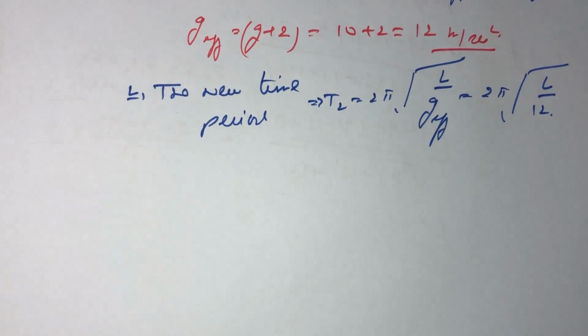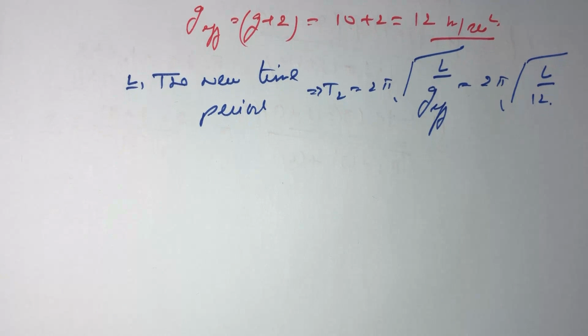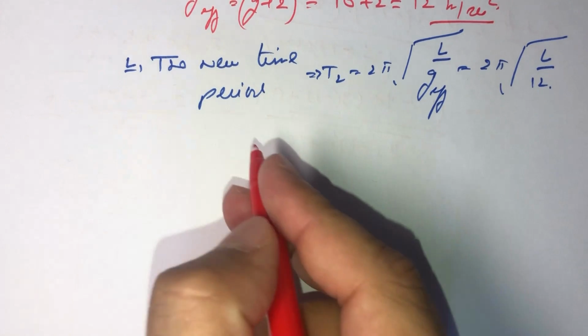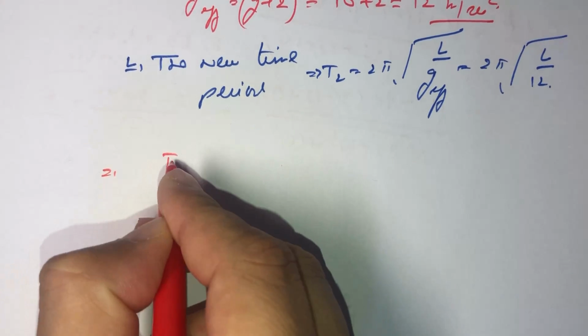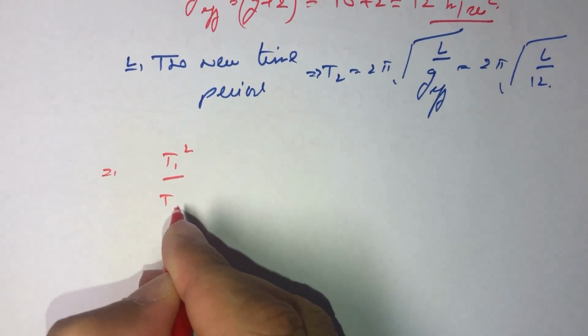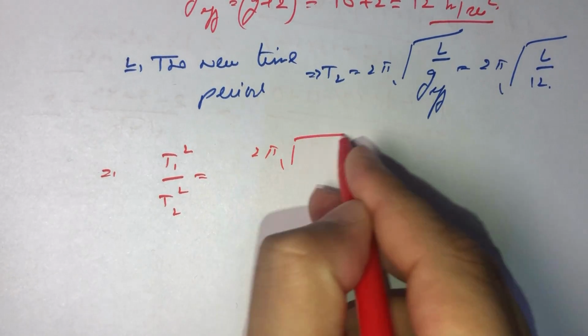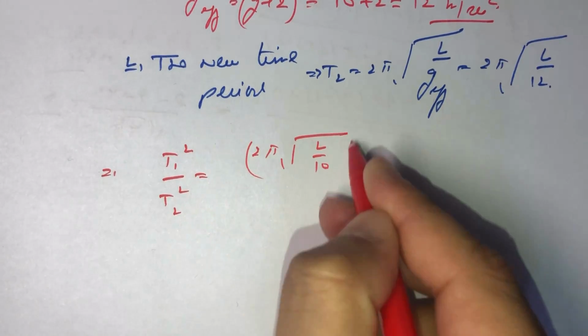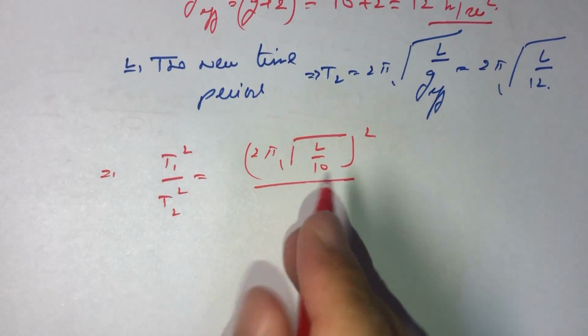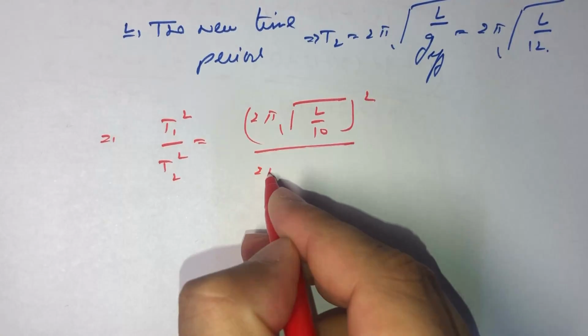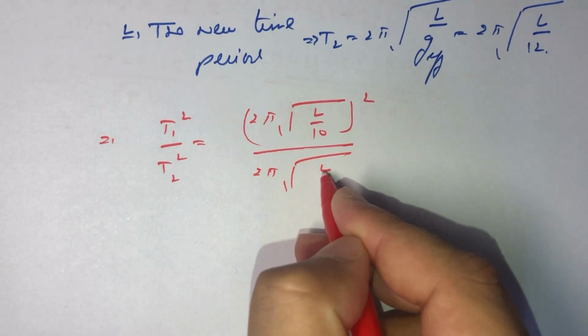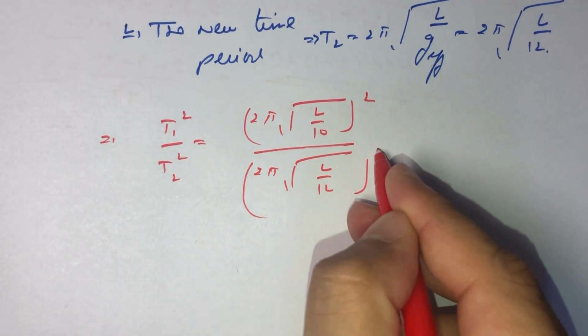So squaring and dividing as per the requirement, we are supposed to find t1 square upon t2 square. So t1 square upon t2 square is equal to 2 pi square root of L upon 10, whole square, divided by 2 pi square root of L upon 12, whole square.